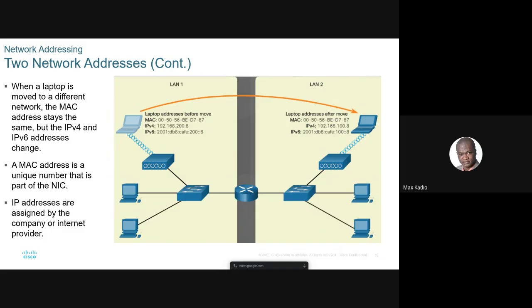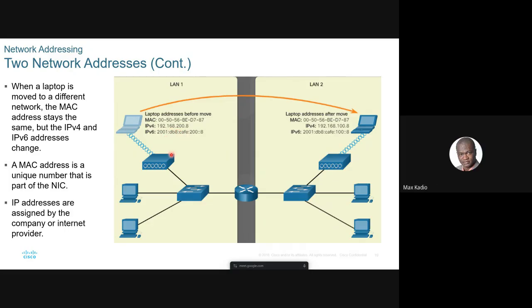Is it here, that one? Okay, where there's LAN 1 and LAN 2. Yes, so here the IPv4s are not the same because there's that difference of a 200 in LAN 1 and this 100 in LAN 2.